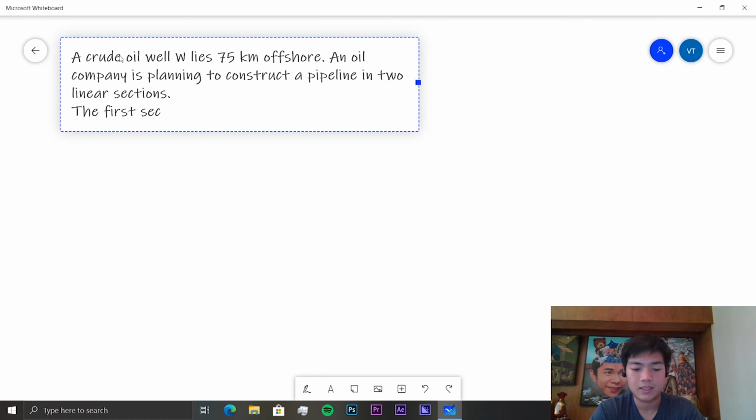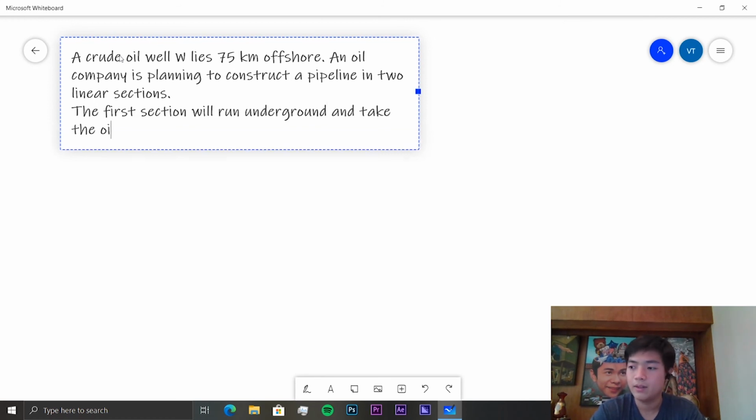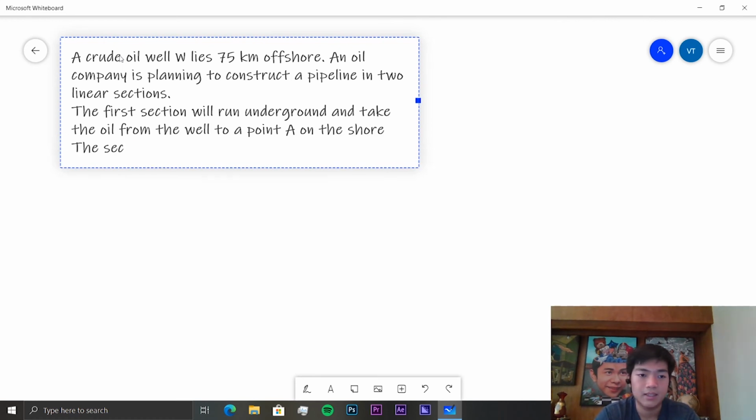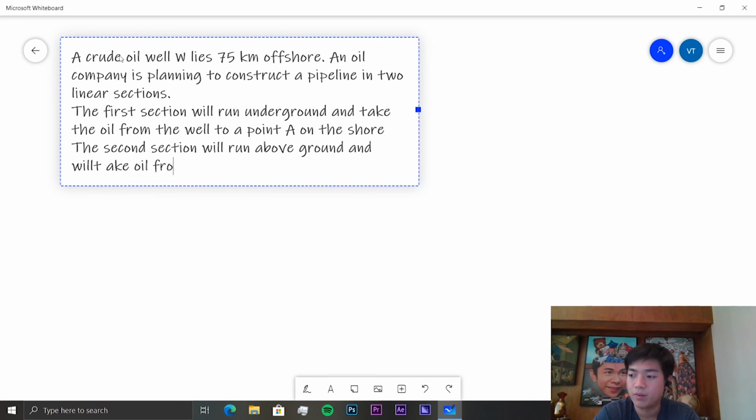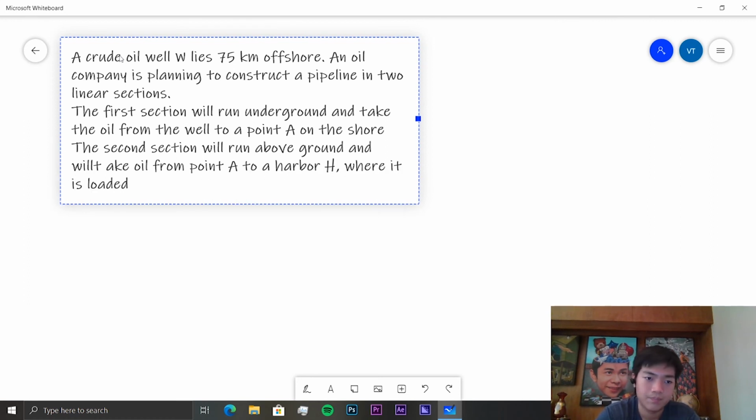The first section will run underground and take the oil from the well to a point A on the shore. The second section will run above ground and will take oil from point A to harbor H, where it is loaded.